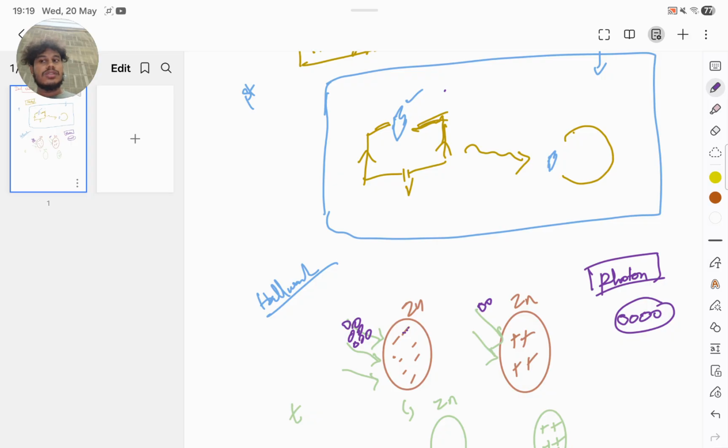Here we will come across many different keywords, such as work function, frequency of the metal plate, frequency of the light, and so on. Don't worry, it will all be easy. But try to understand that when I hit the metal plate with light of some intensity and frequency, there is an emission of electrons.